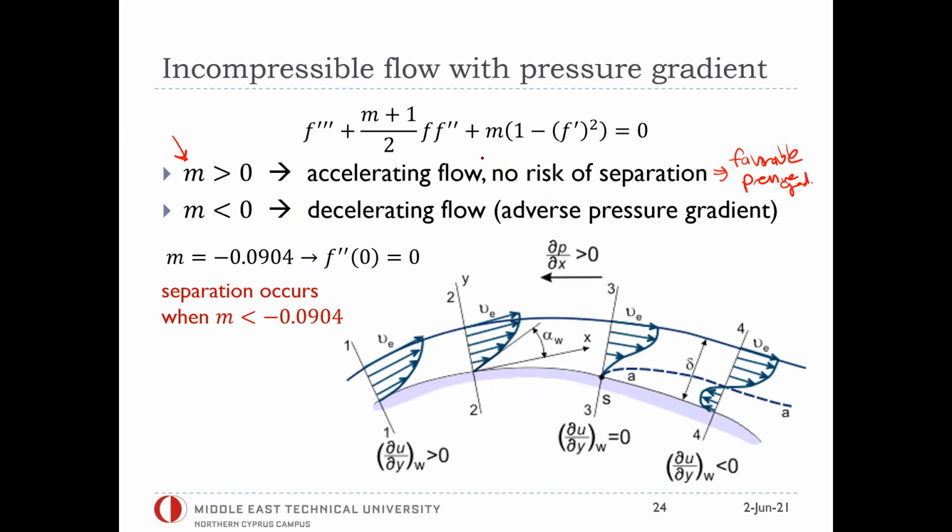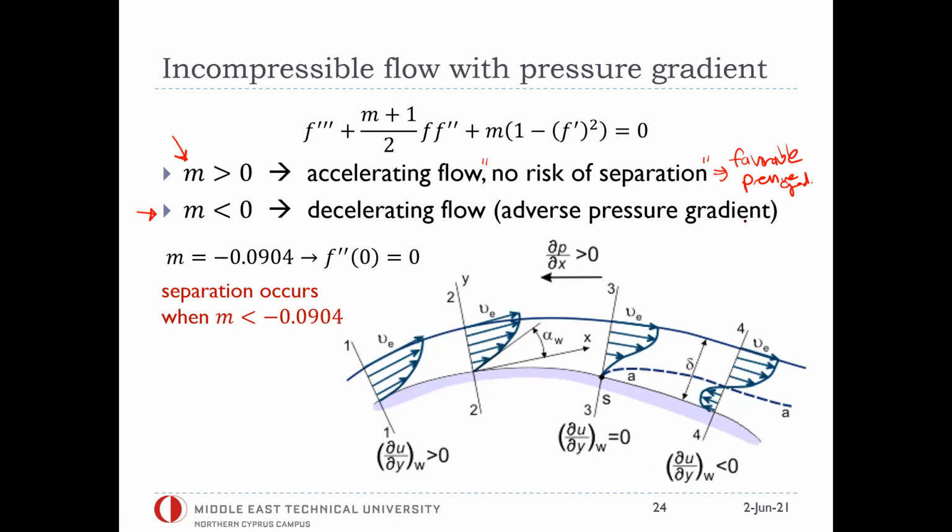So there is no risk of flow separation, as indicated on this slide. The second case, which is more detrimental or more dangerous in terms of flight vehicles, is when m is less than 0. We are dealing with a decelerating flow, which means we have an adverse pressure gradient with a possibility of flow separation.